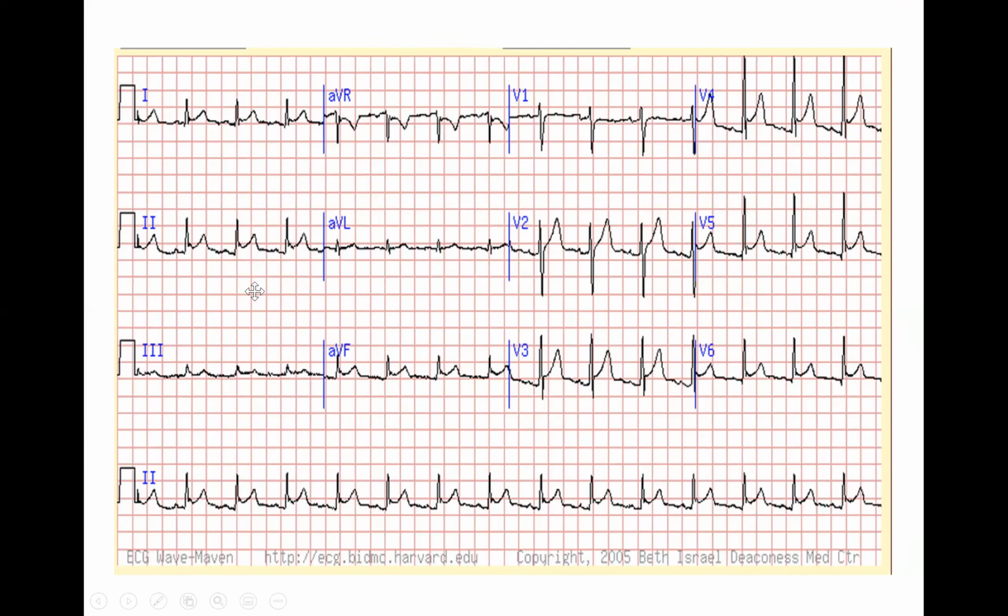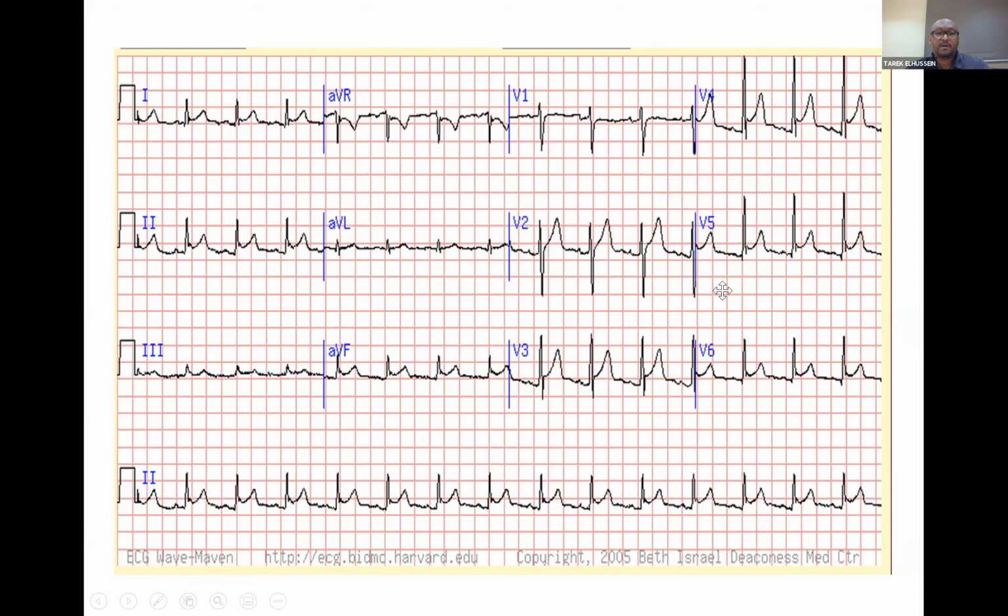With ST elevation in lead 1 and V5, V6. How about V4? V4, I think it is a subtle lateral straight ST segment elevation, diffuse all over the leads.